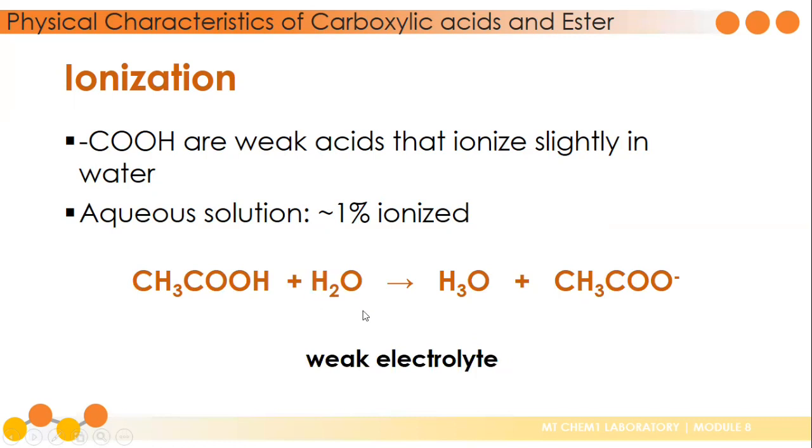Acetic acid, on the other hand, will produce a weak electrolyte because it is a weak to moderate acid. So what we have to remember here is that the stronger the acid is, or the higher the acidity of a certain compound is, the brighter the light because it produces strong electrolytes.